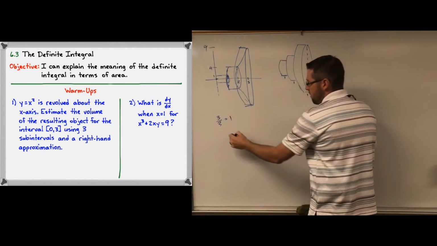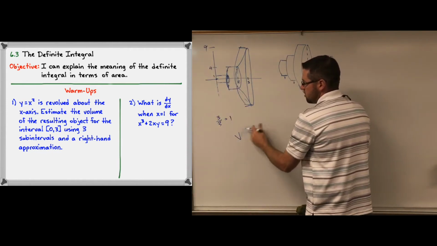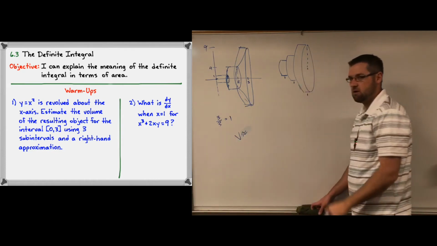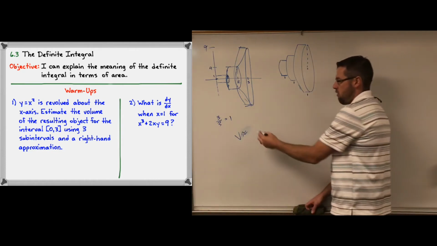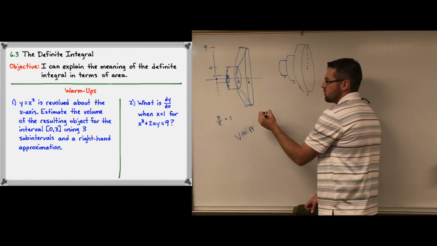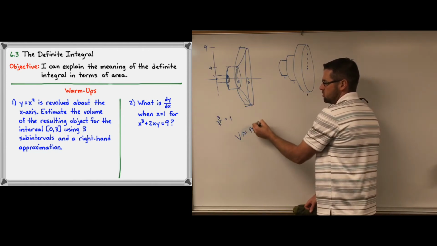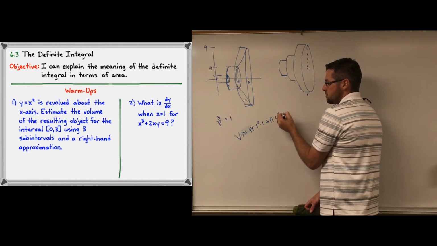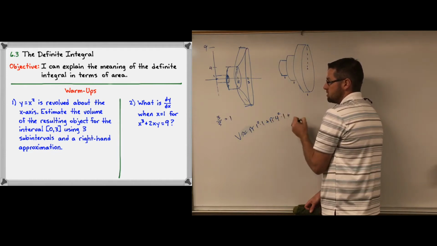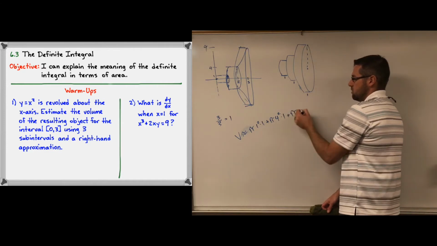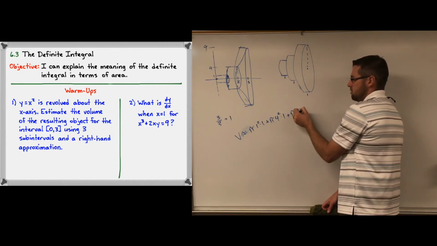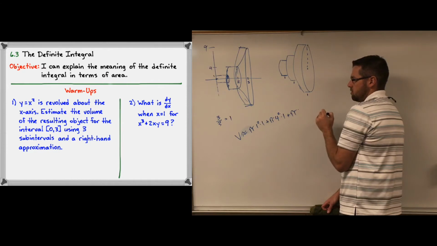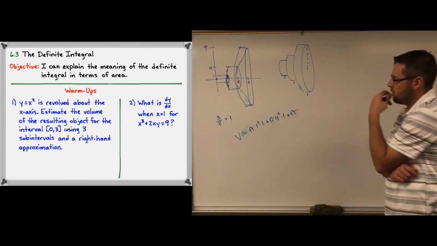Okay? So now the volume of the whole thing is approximately, how do I find the volume of a cylinder? So pi, what's the radius of the first cylinder? So 1 squared times 1, plus pi times what's the radius of the second one? So it'd be 4 squared times 1, plus pi times, wait a minute, hold on.